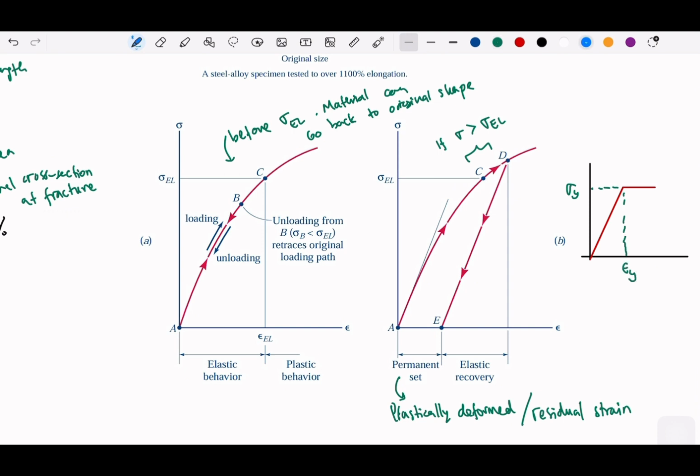We call this part linearly elastic, and this is going to be perfect plastic.